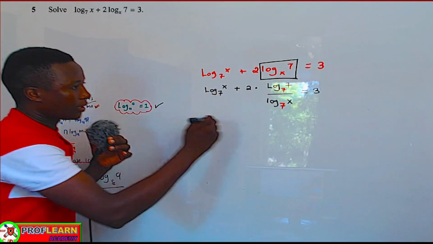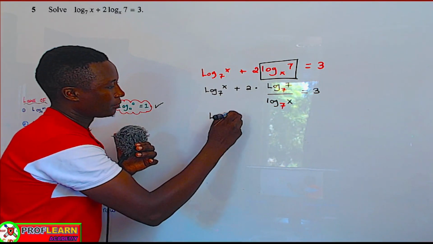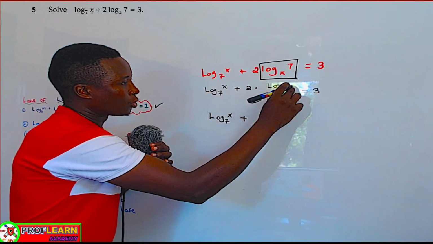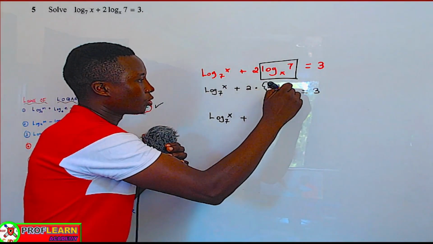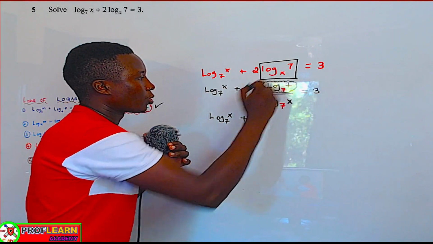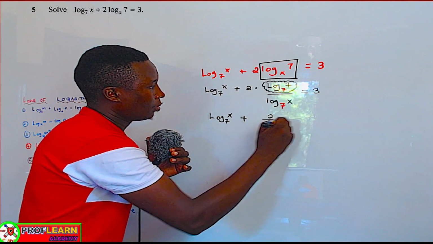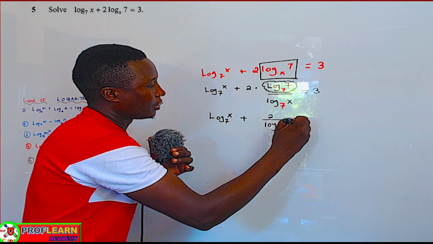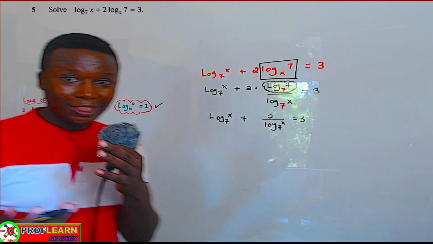So our equation is going to reduce to log x base 7 plus 2 times 1, because already the whole of this number here is going to run to 1. So 2 times 1 is going to be 2 over log x base 7 equals 3. So next step, what are we going to do?